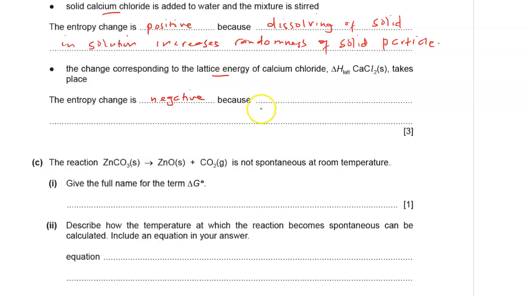The entropy change will be negative because the gaseous ions of the elements, calcium and chloride, are converted into a solid.